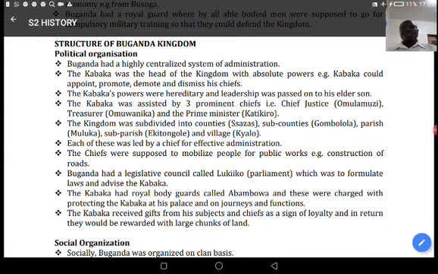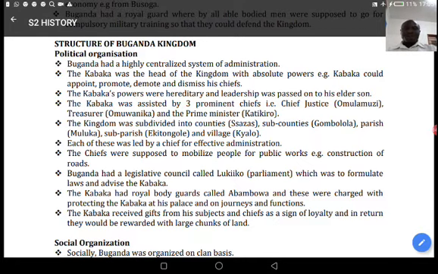So under political organization, we believe that Buganda had a highly centralized system of administration. By centralization, we refer to the fact that the Kabaka was at the top, and below him, it was a chain of ministers. Kabaka was a title, not a name, given to the king of Buganda.